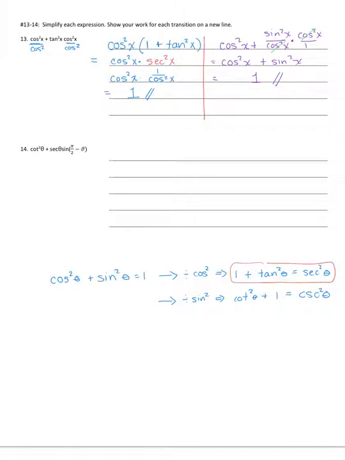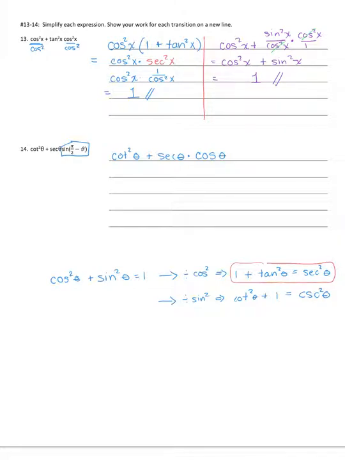All right, on number 14, again, I can do this 2 different ways, depending on your comfort level. Now, this identity here, I will be giving you. So let's just start off with writing cotangent squared theta plus secant theta times, and I'm going to rewrite sine of pi over 2 minus theta, that's a co-property, as cosine theta.